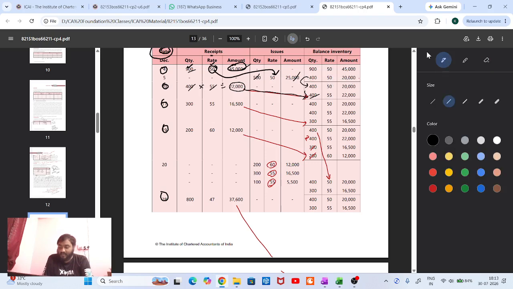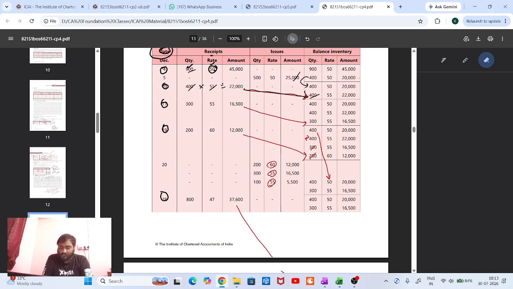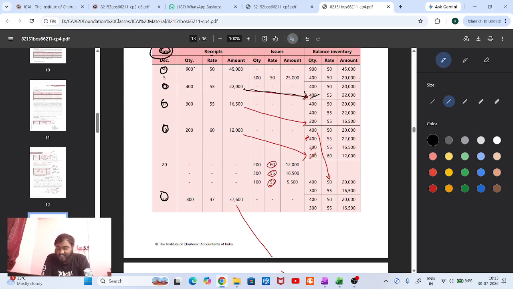Again, I'm telling you, basically, first we purchased 900 units of 50 rupees each, and this is the balance. And we issued 500 units of 50 rupees each for 25,000.